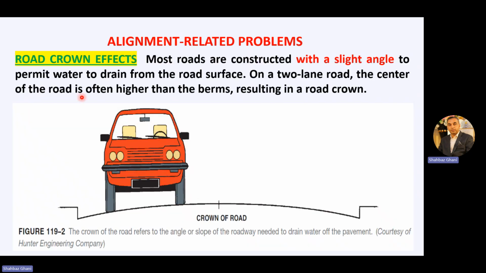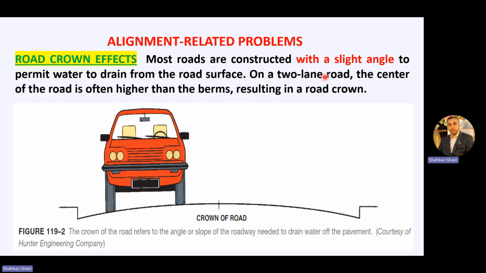The third problem is the road crown effect. Most roads are constructed with a slight angle to permit water to drain from the road surface, so that water does not stay on that surface.